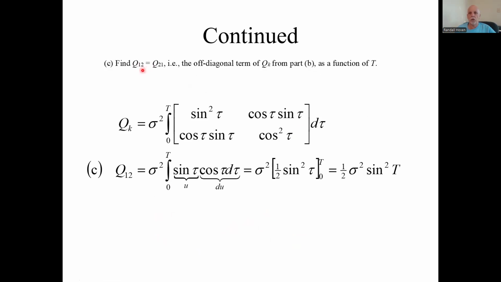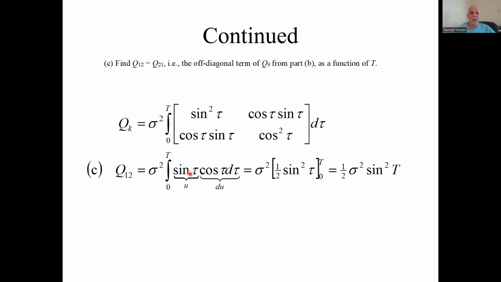So we find the Q12 term, which is the same as the Q21 term, which means find this integral: sigma squared, and inside the integral is cosine sine or sine cosine. Hopefully you could have recognized this. You don't need a table to do this integral.